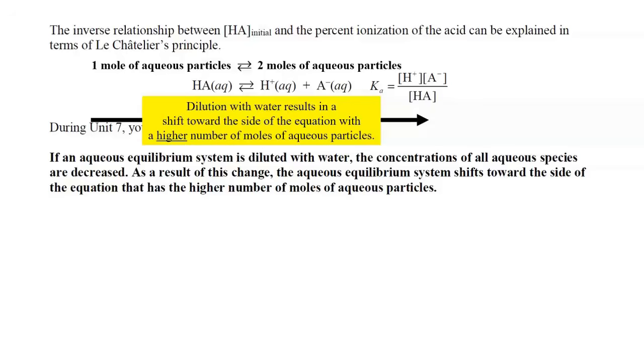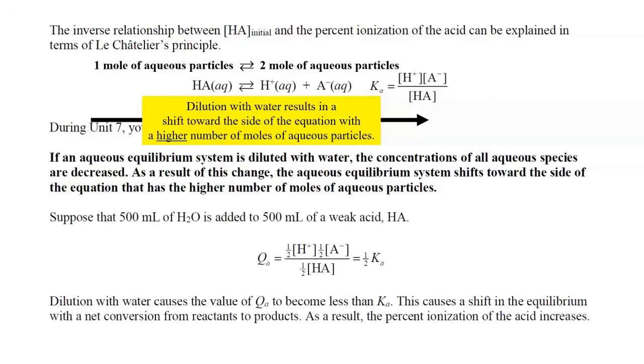Another way to see this is to actually do a Q versus K comparison. Now, suppose that you have a weak acid and 500 milliliters of water is added to 500 milliliters of the weak acid solution. As a result of that dilution, each concentration would decrease by a factor of 1/2. So I have a Q versus K comparison where I multiply each concentration in the equilibrium constant expression by 1/2.